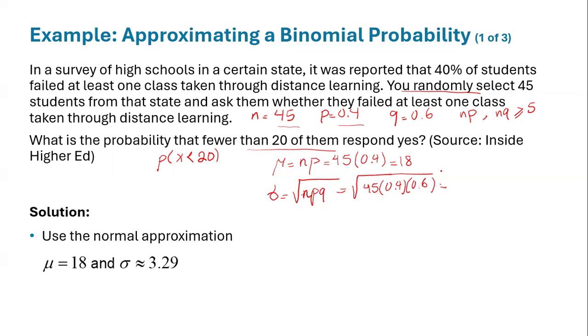And after finding these two values, now it's time to do the continuity correction. So we want to find the probability when x is less than 20.